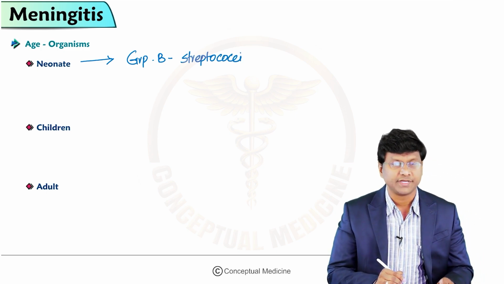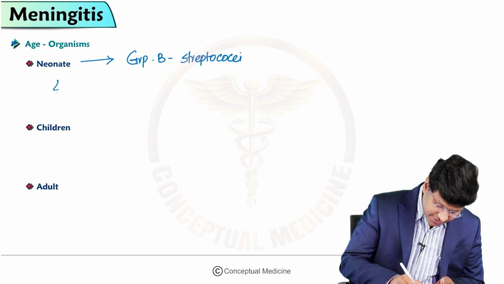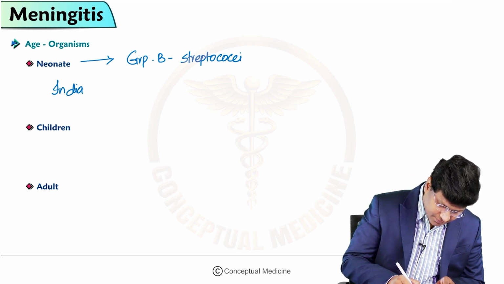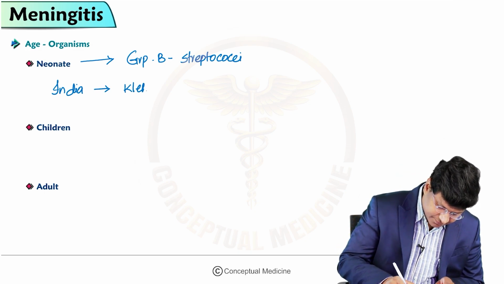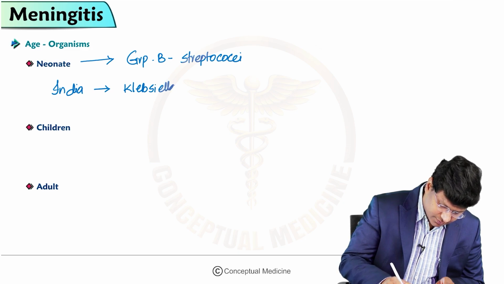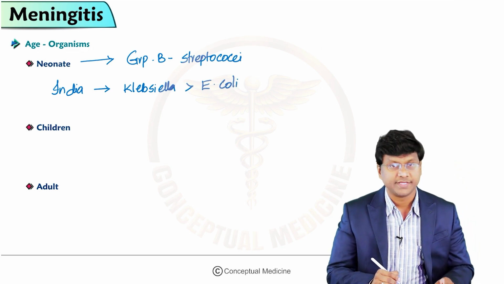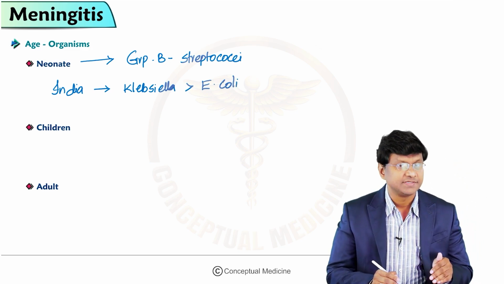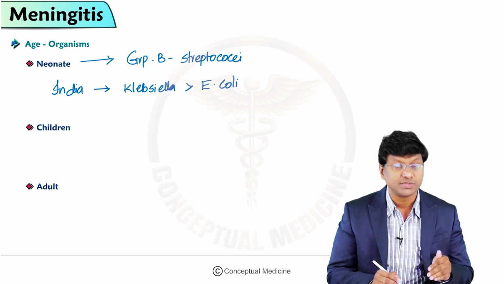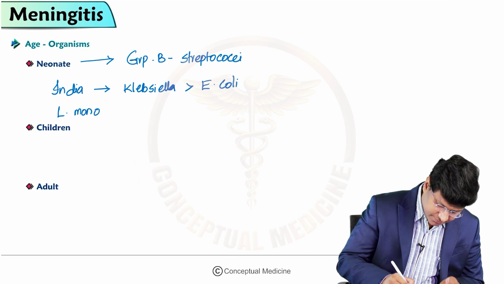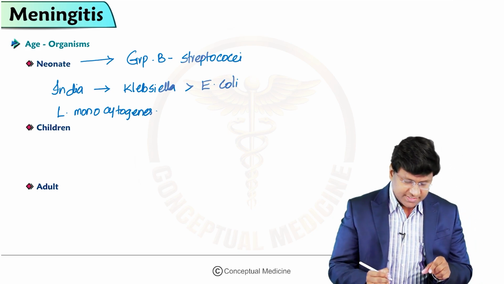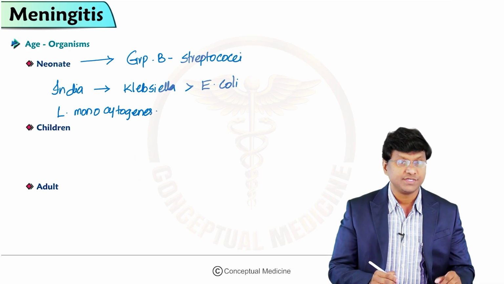Particularly in India, the most common organism which will cause meningitis will be Klebsiella, followed by Escherichia coli. And the other organism which will cause meningitis in neonates will be Listeria monocytogenes. So these are the organisms which cause meningitis in neonates.